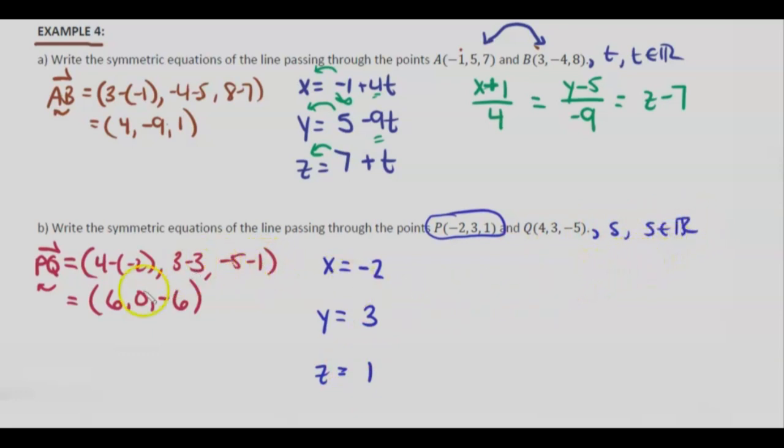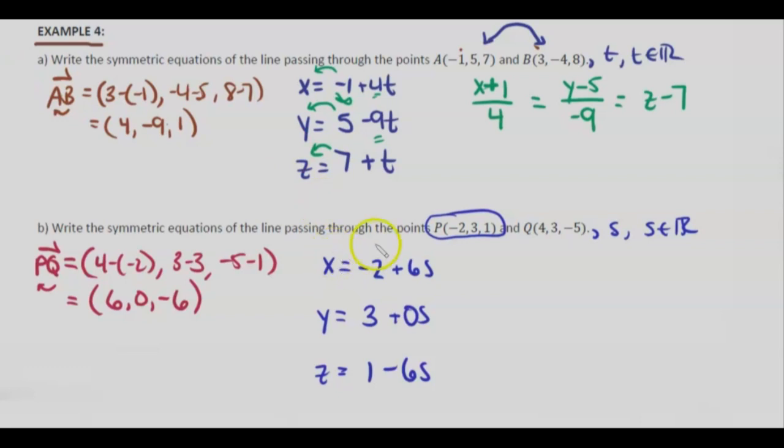Okay, so we're going to write 6, 0, -6 with the parameter on it. So plus 6s, and then this is like plus 0s. You don't really need that here. Okay, and then minus 6s. And then all we have to do is rearrange these.